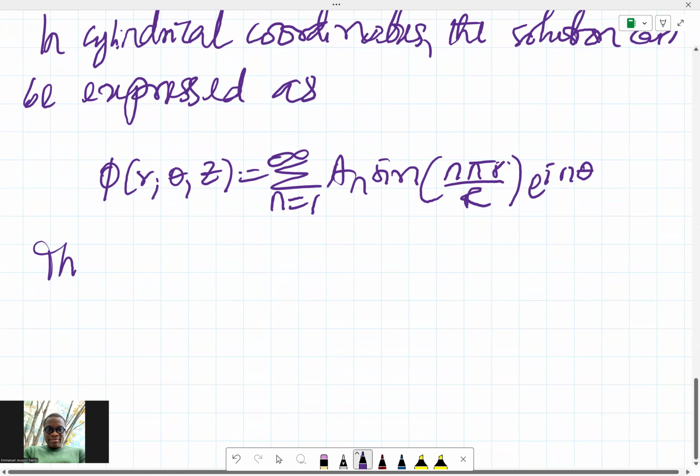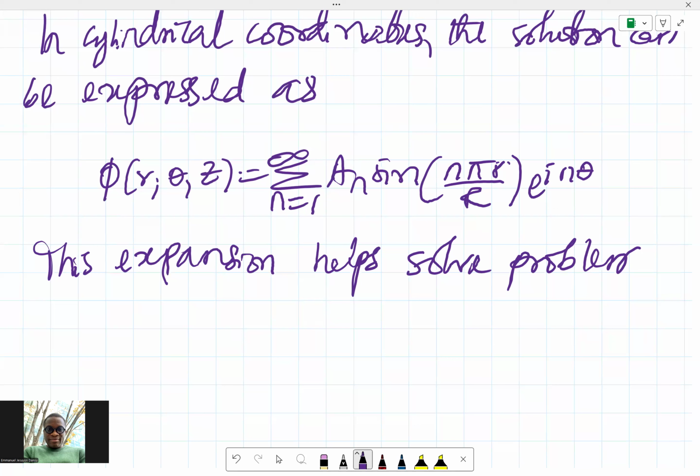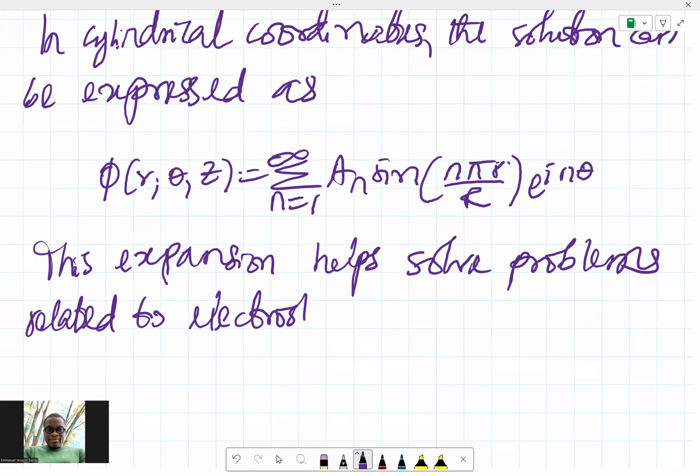This expansion helps solve problems related to electrostatics, fluid flow, and heat conduction.